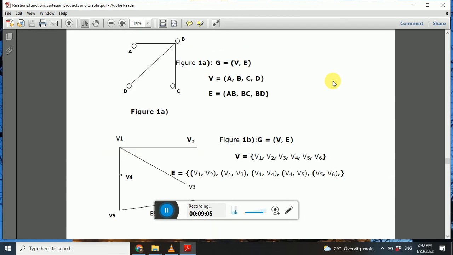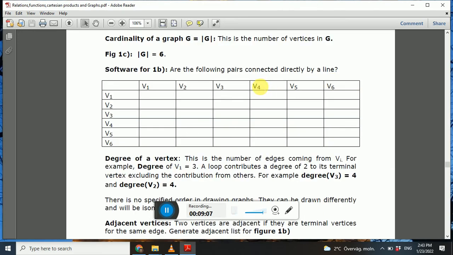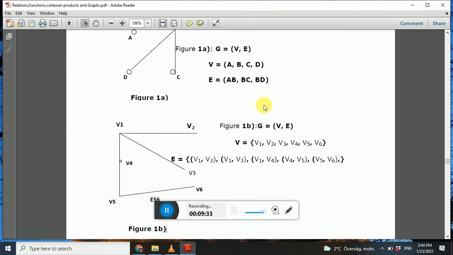So in this exercise, what you're required to do is just tick. For example, you have V1, V2, there is an edge, so you can put a tick here. V1, V1, there is no edge between V1 and V1, so you put a cross. V2, V3, there is an edge, you put a tick here. V2, V4, is there an edge? Let's look at the graph.